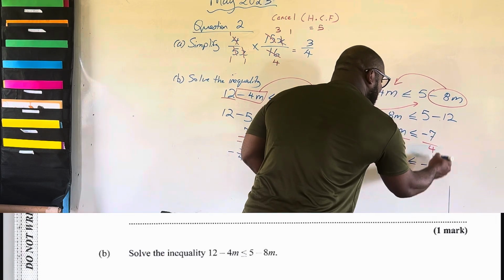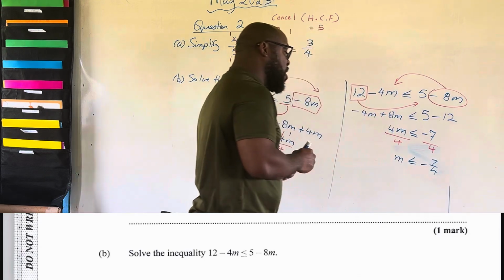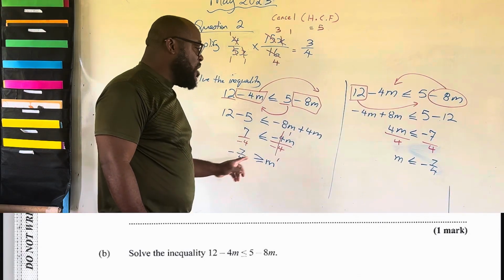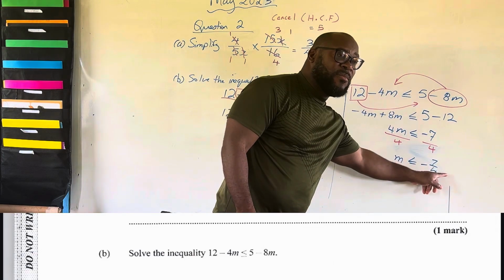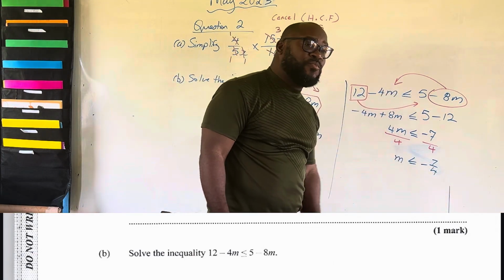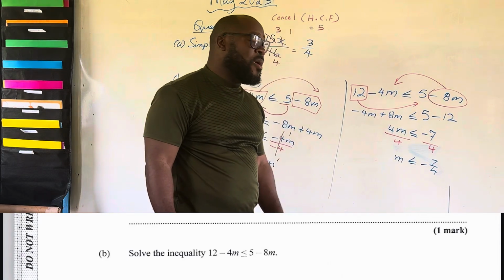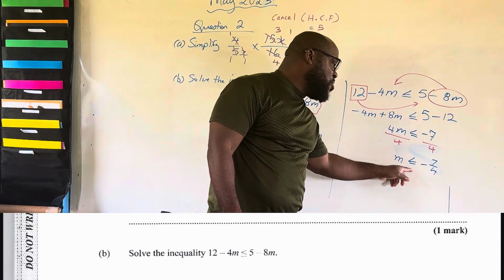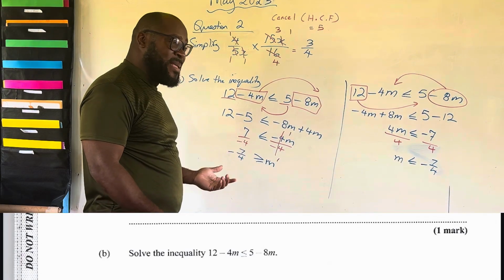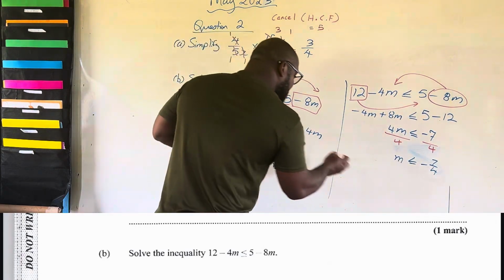And when the opening is facing the fraction, look over here, the opening is facing the fraction. You realize? But why does the sign here not change? When you divide by a positive, the sign doesn't change. But you get the same answer. Good, I want you to understand that.